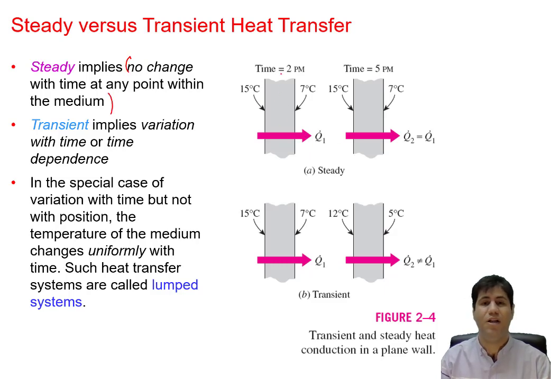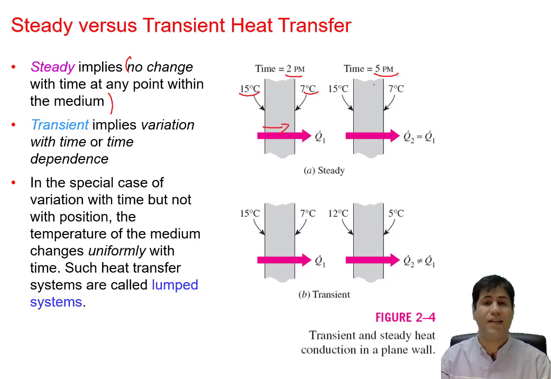For example, this is time 2 p.m., and this is 5 p.m. We have heat transfer through this medium due to the temperature difference: 15 degrees Celsius at this surface, 7 degrees Celsius at this surface. So we have heat transfer in this direction.